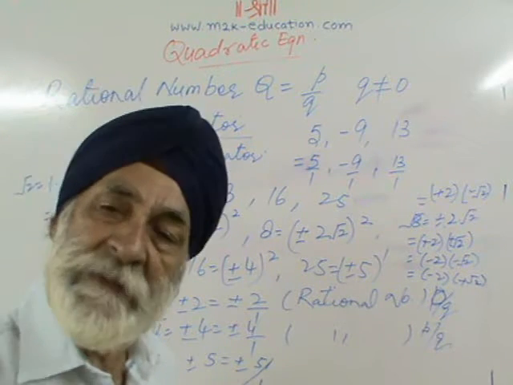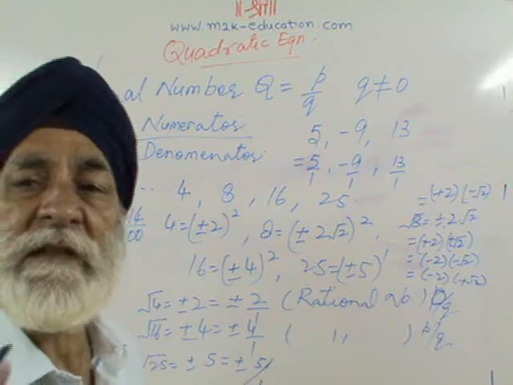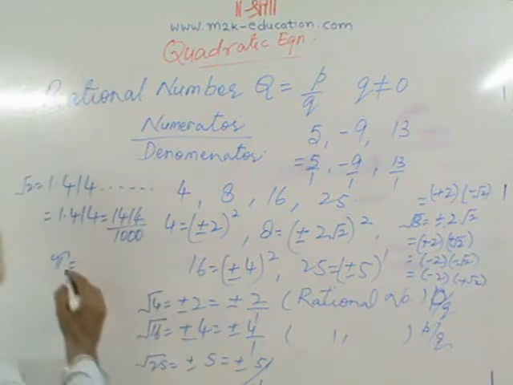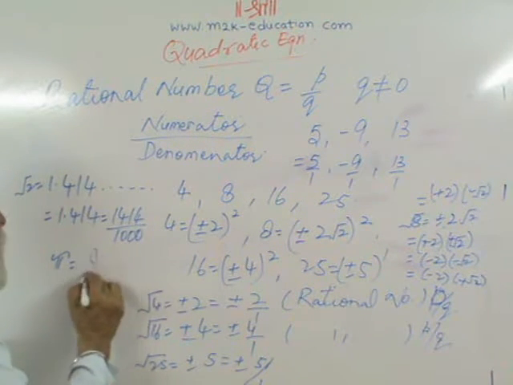But mathematicians have found the values in a different form. When we write pi itself, then it is an irrational number.